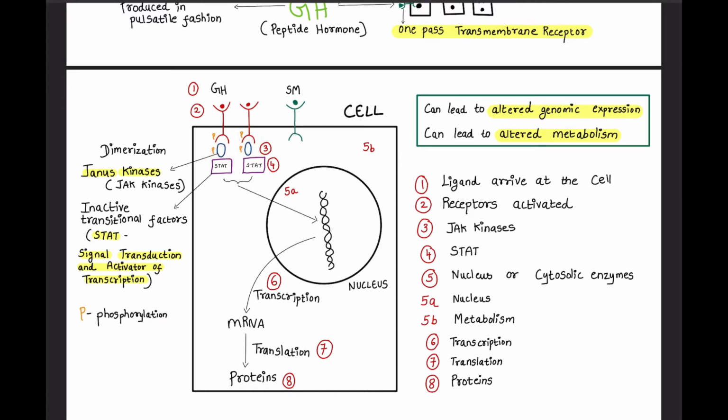Then this JAK kinase, after the phosphorylation, will act on other inactive transcription factors in the cytoplasm of the cell, that is STAT. The full form of STAT is signal transducer and activator of transcription. So what happens after the activation of STAT?